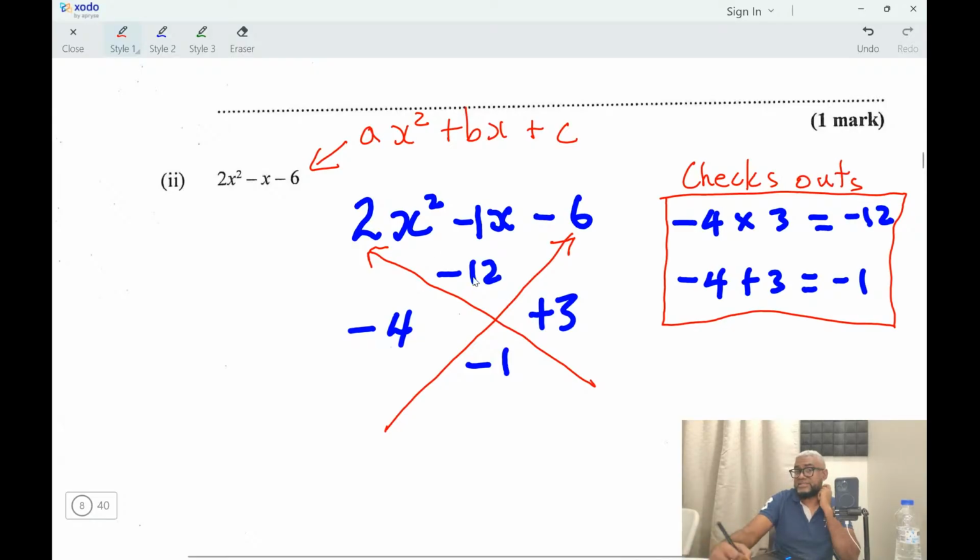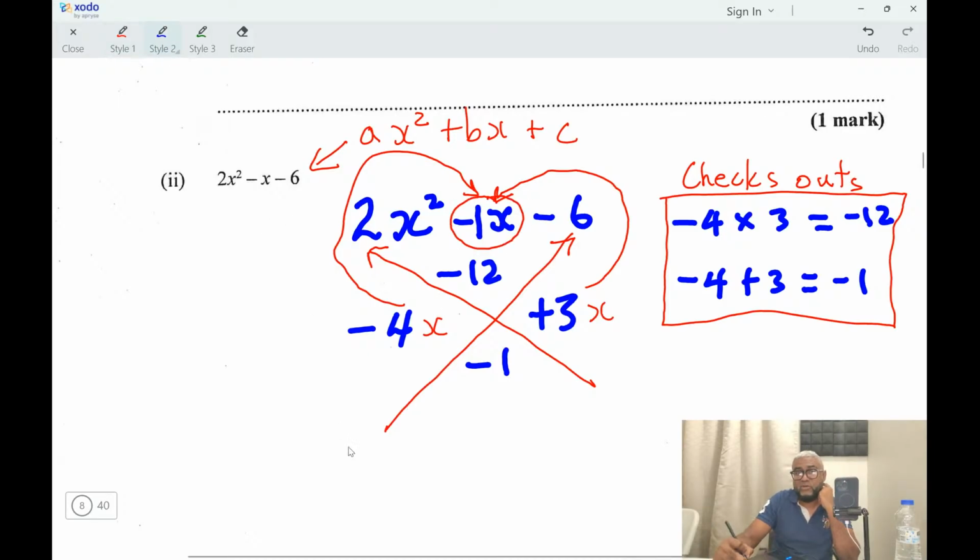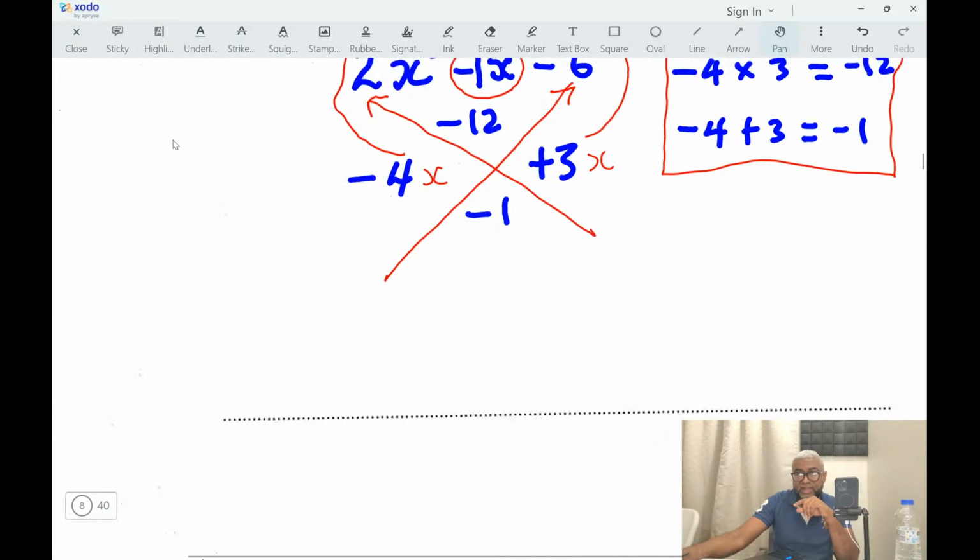Okay, remember this question is a trial and error question. What I do is I usually put the x here and I tell students that this negative 4x and this plus 3x is going to replace this term in the middle here, which is negative 1x. So I'm going to rewrite my quadratic, leaving out that negative 1x in the middle there, right?